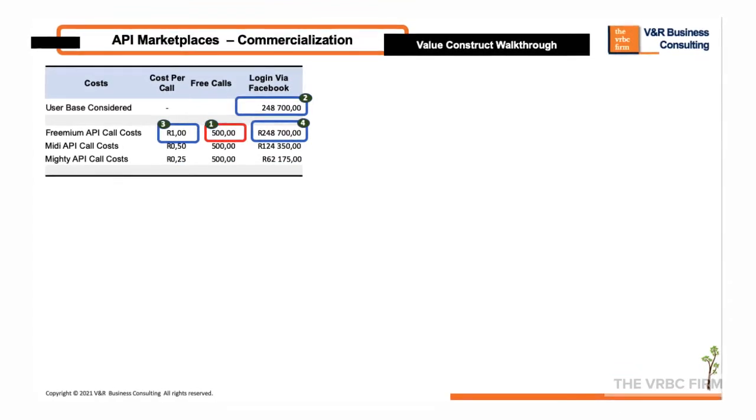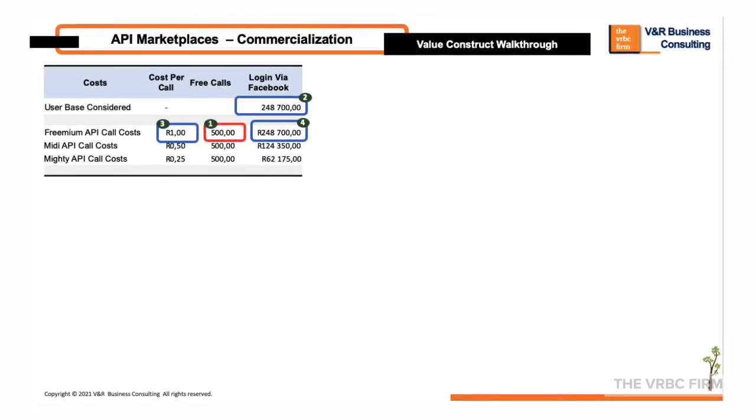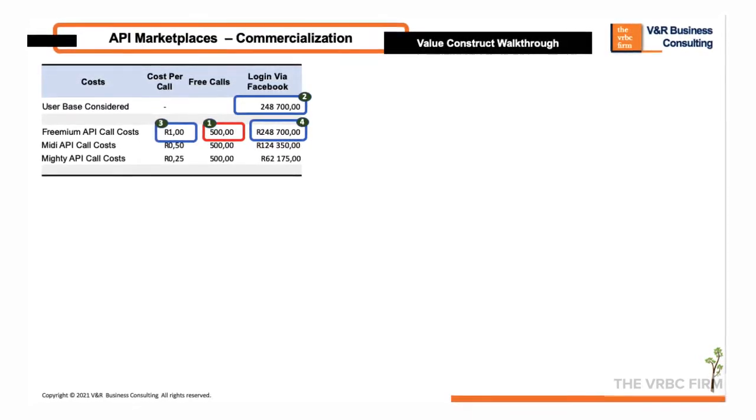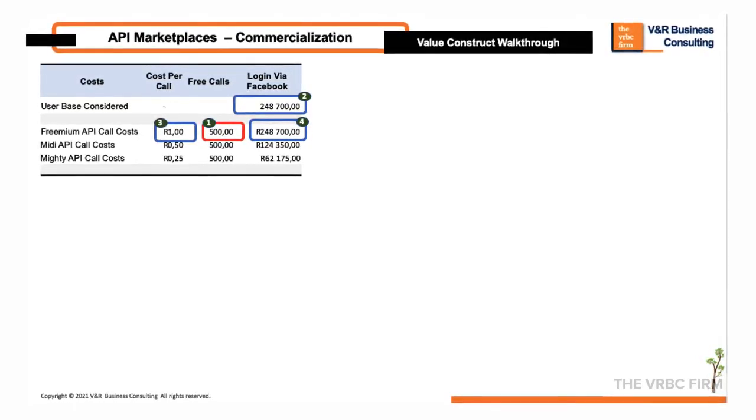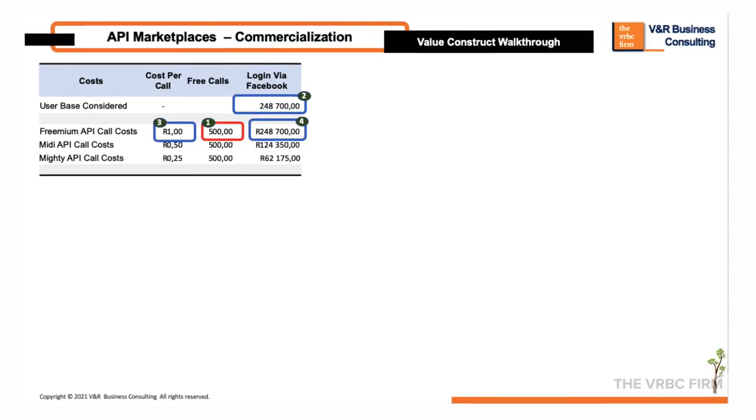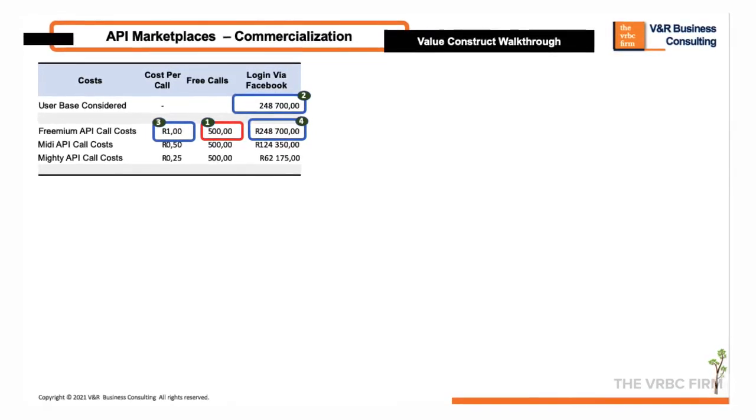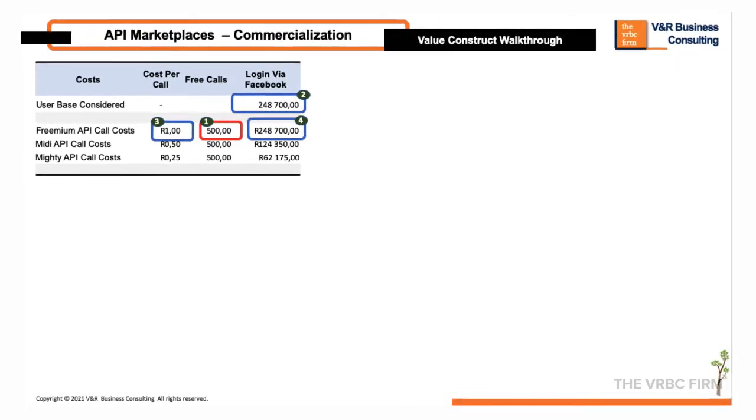This means that if you're on a freemium package of the API marketplace, you'll pay R1 for each of the 248,700 login by Facebook calls made by your users per month on average, having subtracted the first free 500 calls the API marketplace gives you.